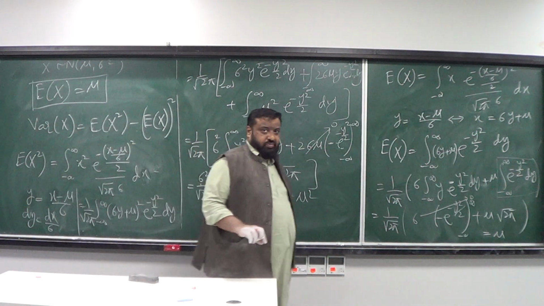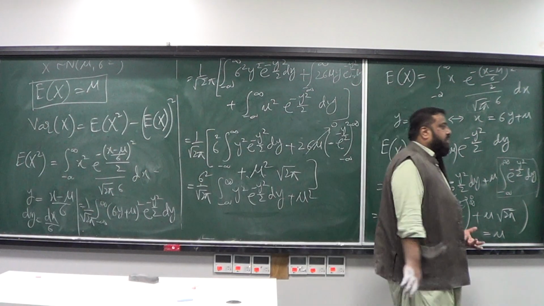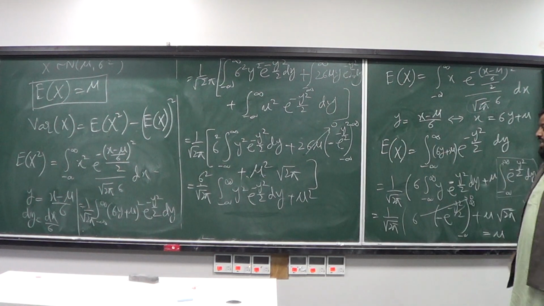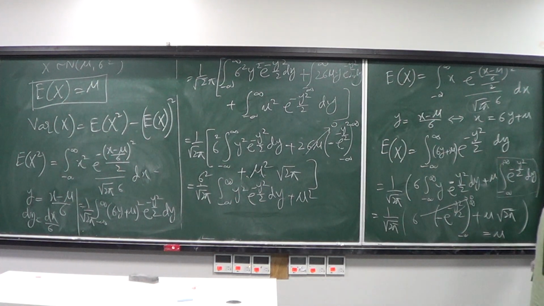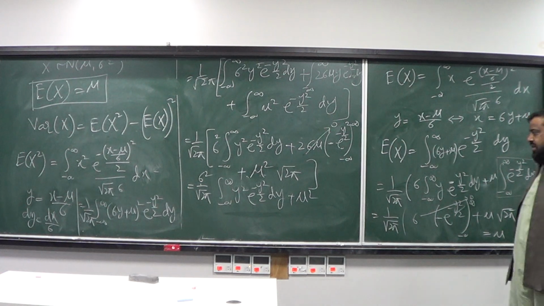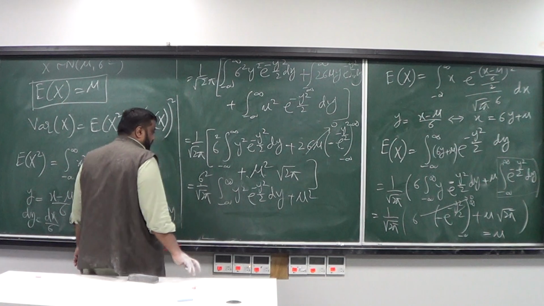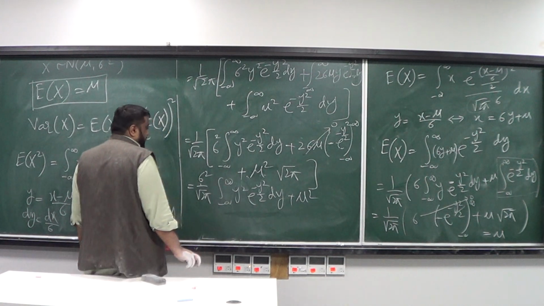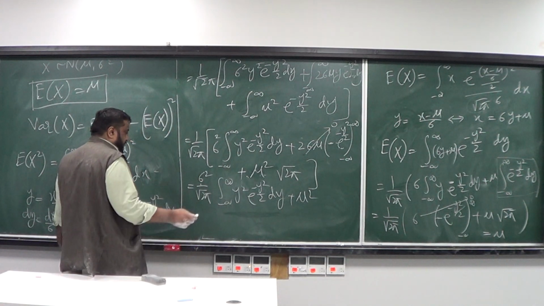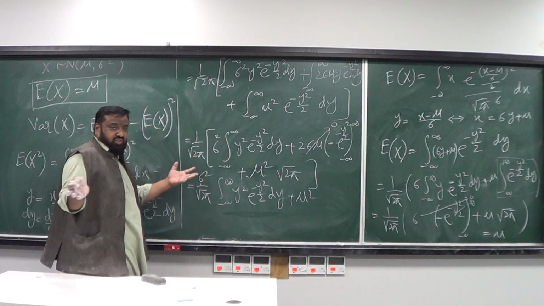So what can you do? You can apply your integration by parts formula, whatever version you have learned. If you recall, what is your integration by parts formula? There are different versions of it.